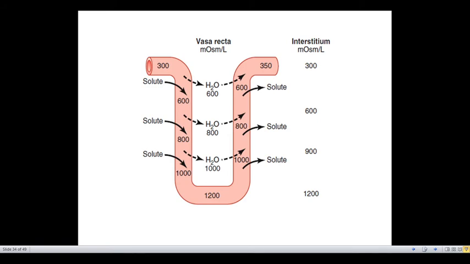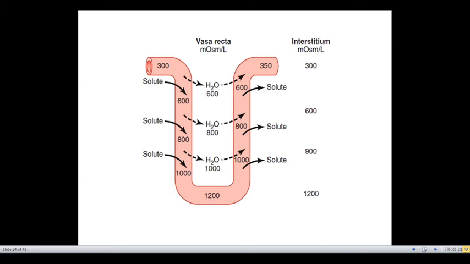This figure shows the countercurrent exchange in the vasa recta. Plasma flowing down the descending limb of vasa recta becomes more hyperosmotic because of diffusion of water out of the blood and diffusion of solutes from the renal interstitial fluid into the blood of vasa recta.